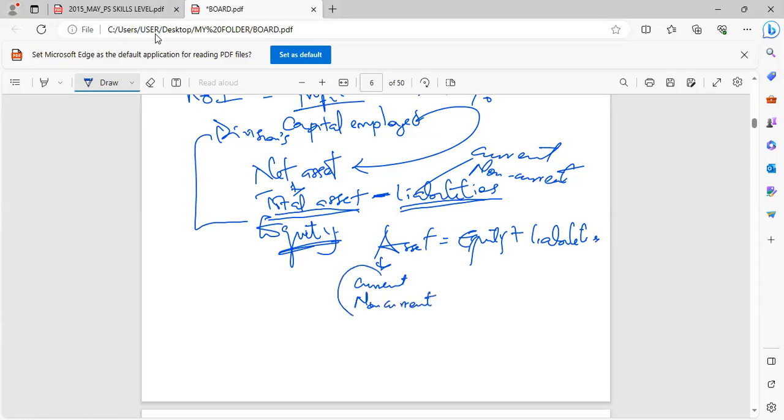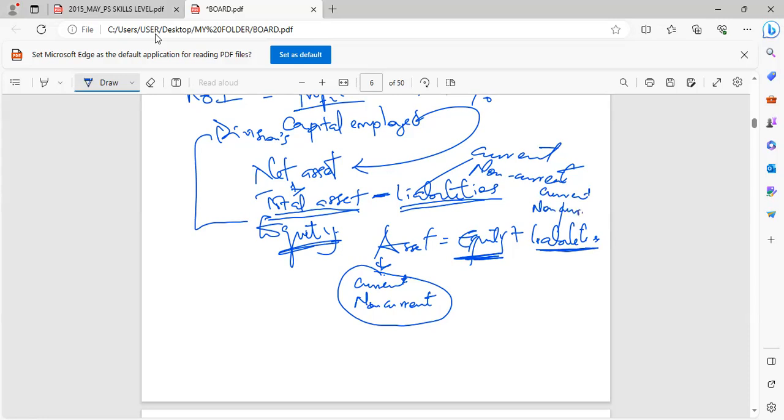It is from here that we are able to ascertain that for us to know the equity position, what do we call the equity position? For you to get this equity, it will be your what? Assets minus liability. And this liability here is both current and non-current.